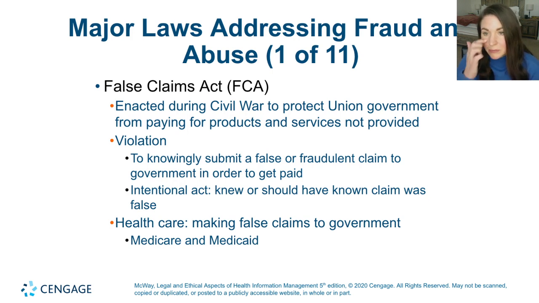In order to be in violation, it has to be proven that the healthcare provider intended to commit the fraud, or knew the statement or claim was false, and did it anyway. Over the past 2 decades, this has been used to protect the government from those that charge for services that they're not really giving to Medicare and Medicaid patients.